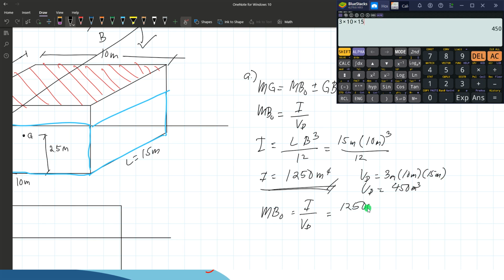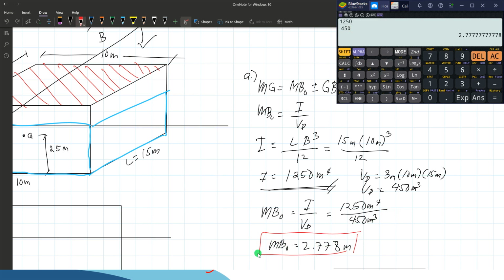Substitute 1,250 meters to the 4 over 450. The answer is 2.778. That's MBO, 2.778 meters. That's the answer.